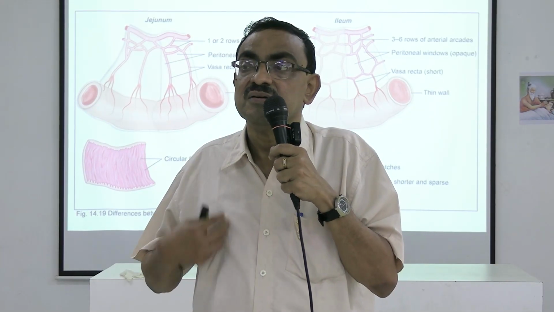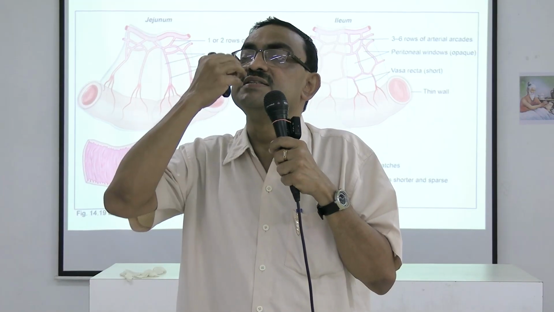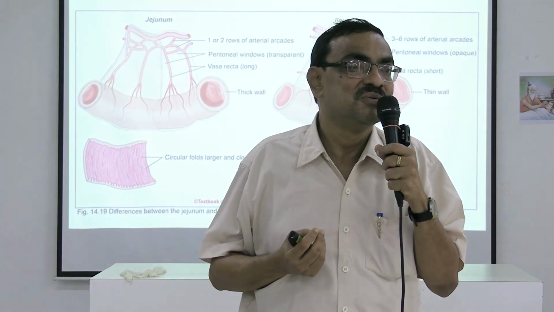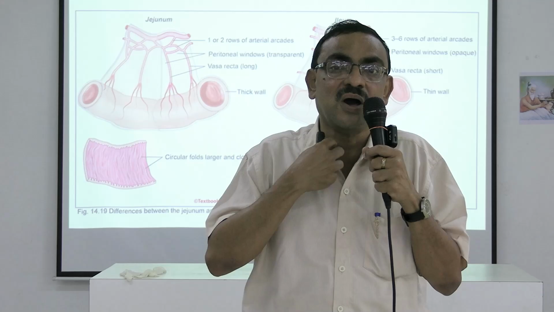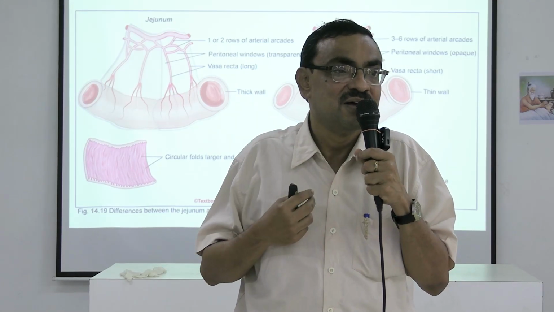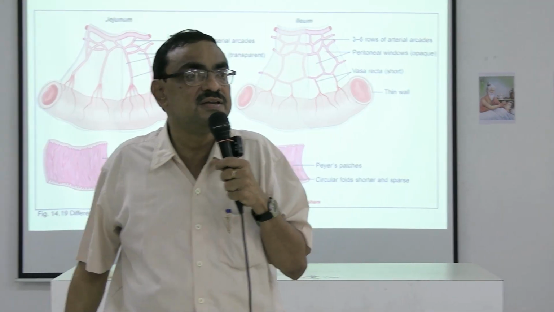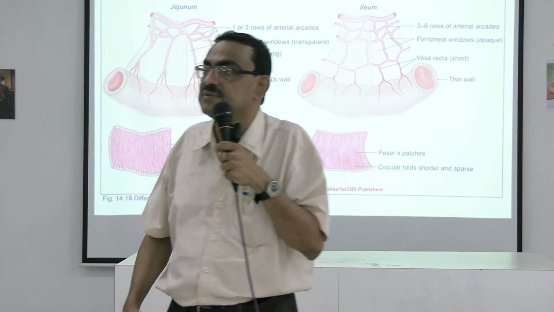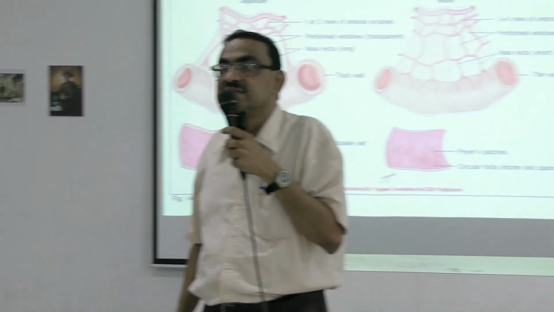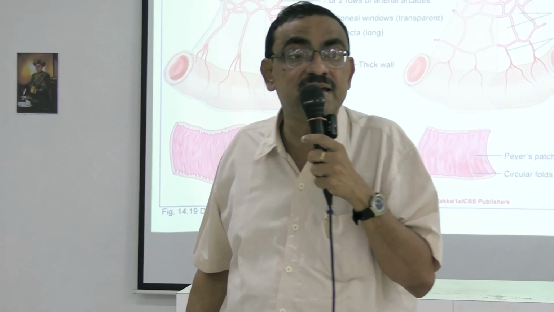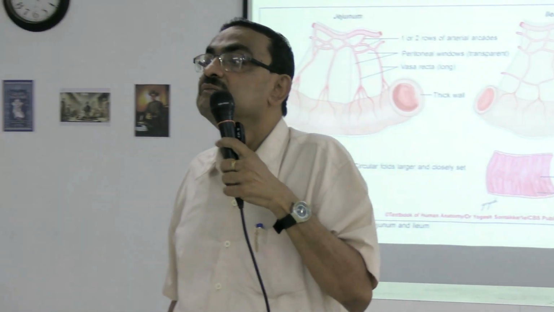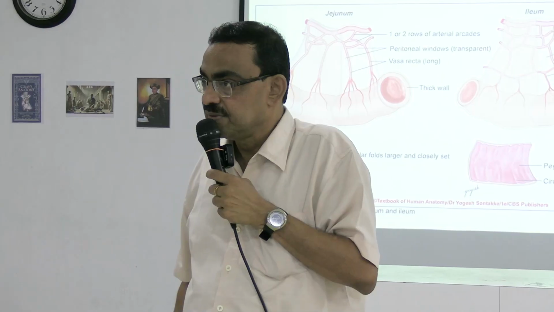We just ingest our food, we swallow, deglutition, and after that it is beyond our control, beyond our notice. The autonomic nervous system is coming into action. That means sympathetic and parasympathetic.